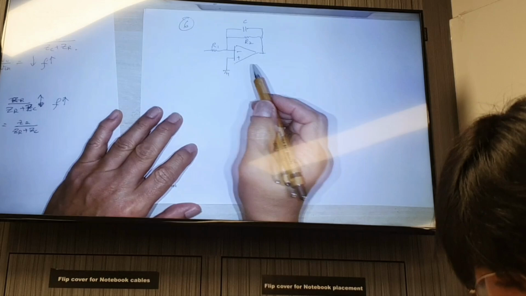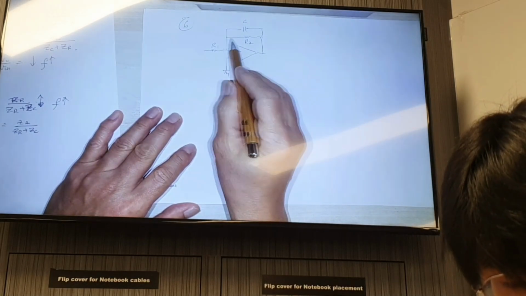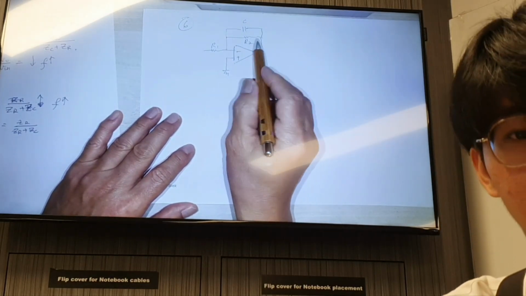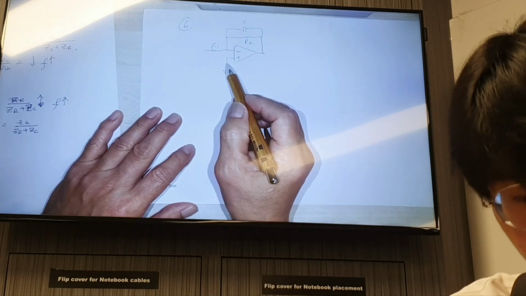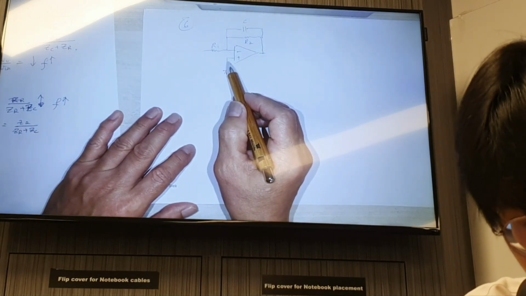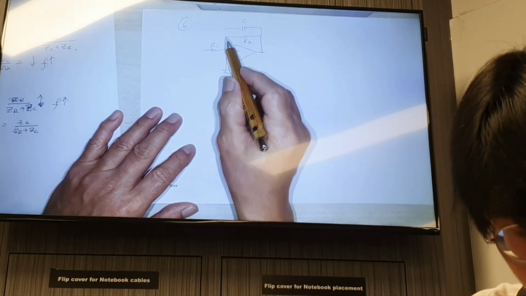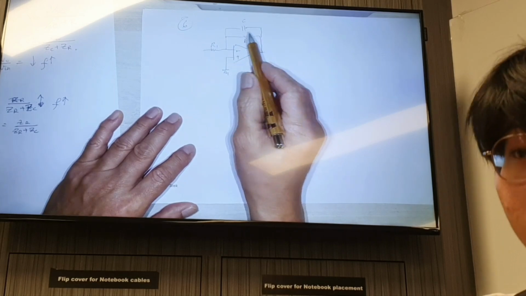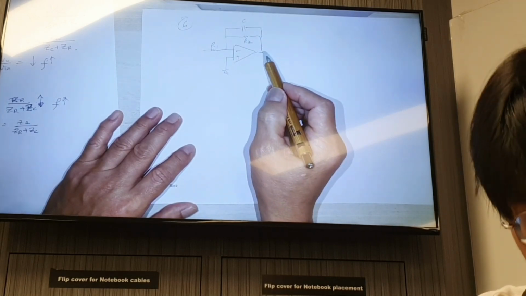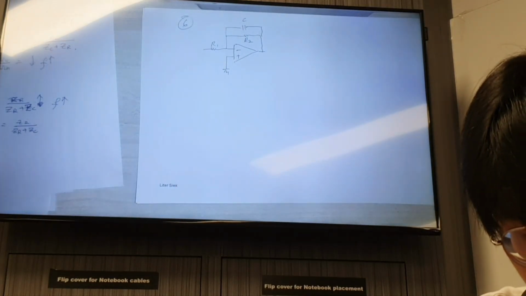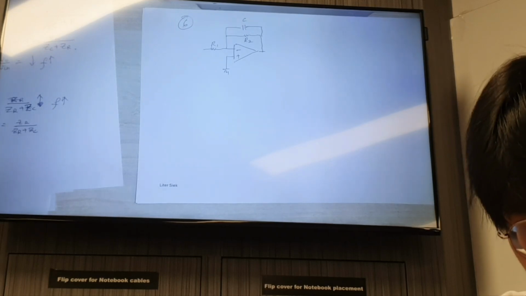Okay. So here, because it's non-ideal, we have a resistor here. With that resistor, at DC, any offset will go through this, causing the output to be limited by the gain, 1 plus R2 over R1.